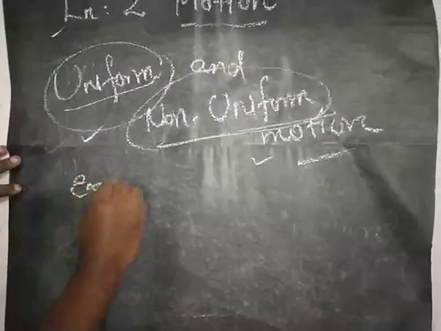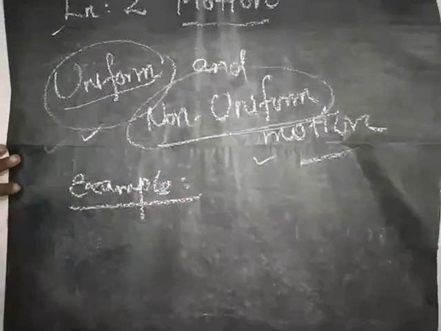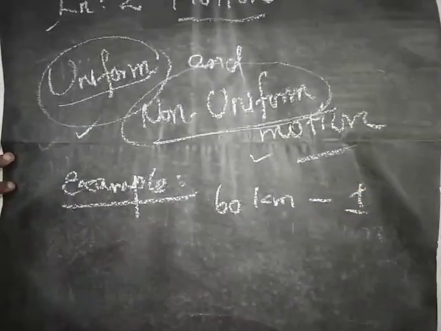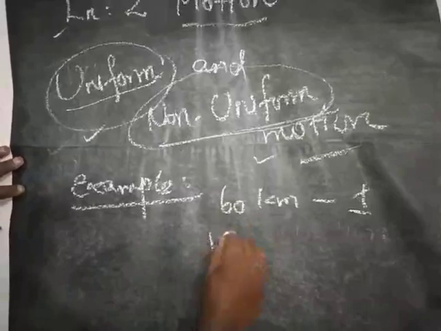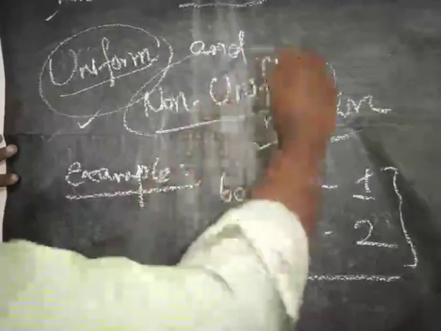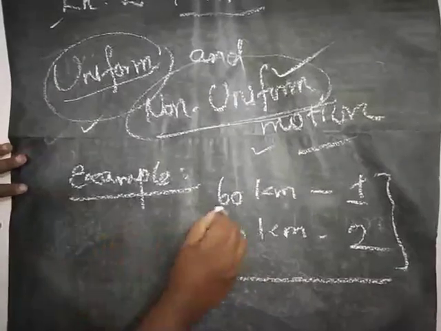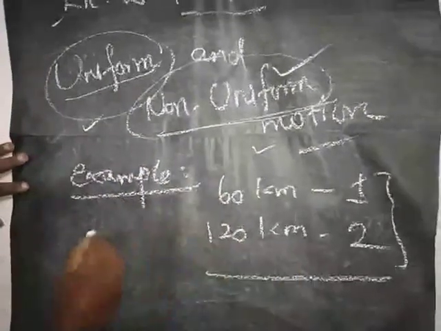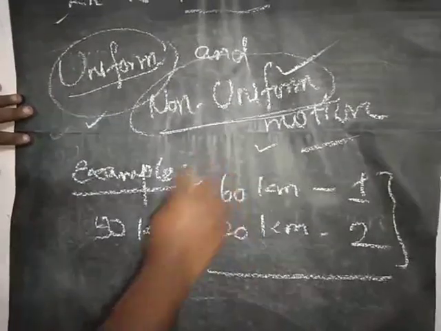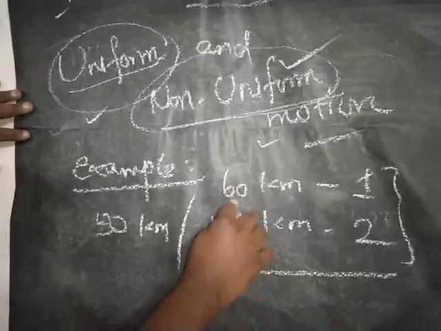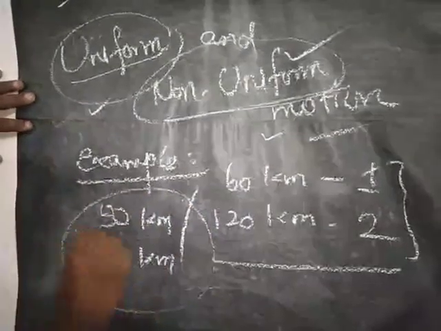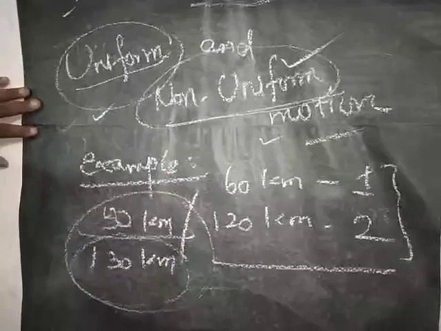For example, if an object covers 60 kilometers in 1 hour, the same object covers 120 kilometers in 2 hours. So equal distance in equal time. Non-uniform speed is when the same object covers 50 kilometers in the first hour, and in the second hour the remaining kilometers, 180 minus 50, that is 130 kilometers. So the first hour it covers only 50 kilometers, the second hour it covers 130 kilometers.